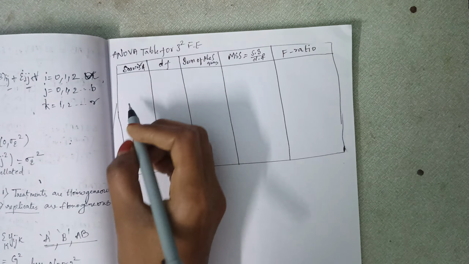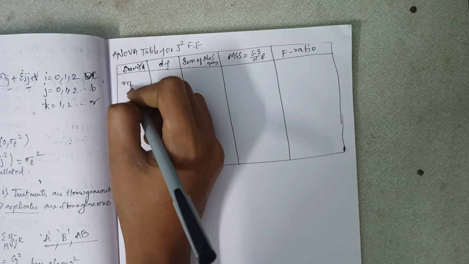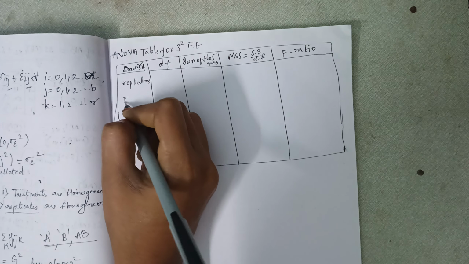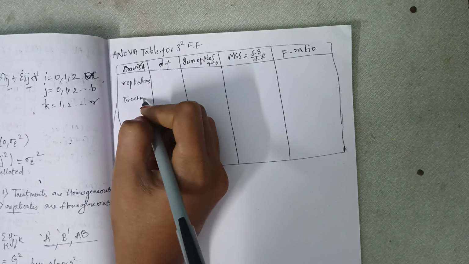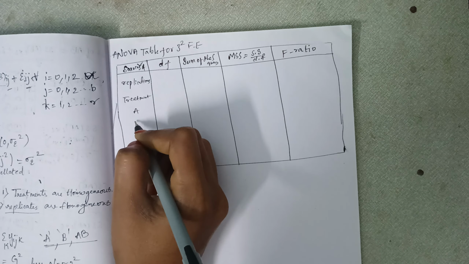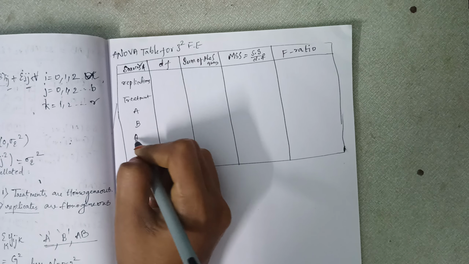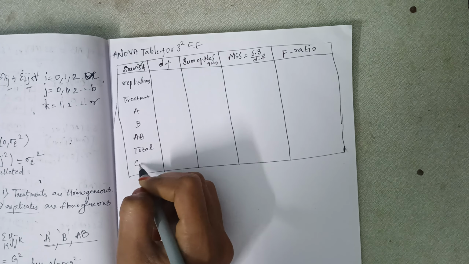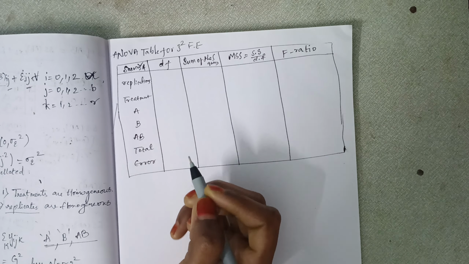And the sources of variation will be replications, treatments, and the main effect A and main effect B, interaction effect, total, and error sum of the squares.